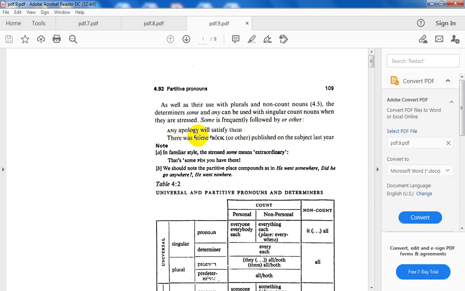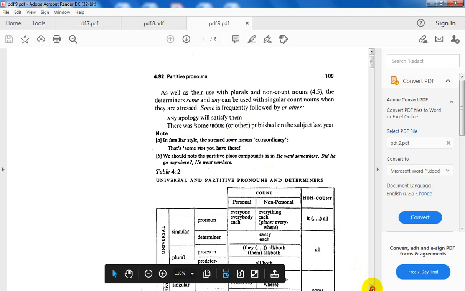Any apology will satisfy them. Here it is a singular count noun. Apology is singular count, but here it is stressed, that's why it is okay. There was some book. Here, some book or other, frequently followed by or other.